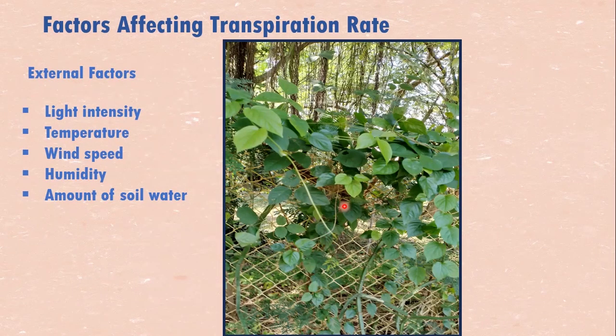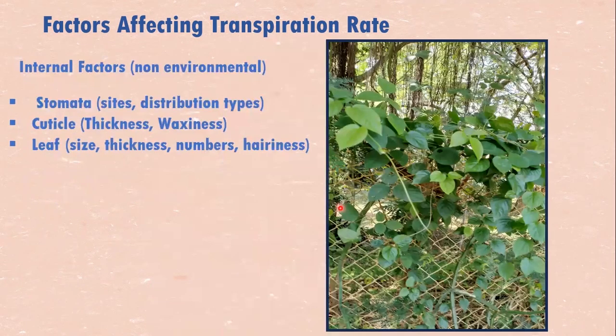There are internal factors also that affect the rate of transpiration. And the internal factors are the factors that are inbuilt, the structures of the plant itself. For instance, stomata, whether stomata is on the upper surface of the leaf or the lower surface, the density of stomata, the types of stomata. We'll look at all these in our next lesson.